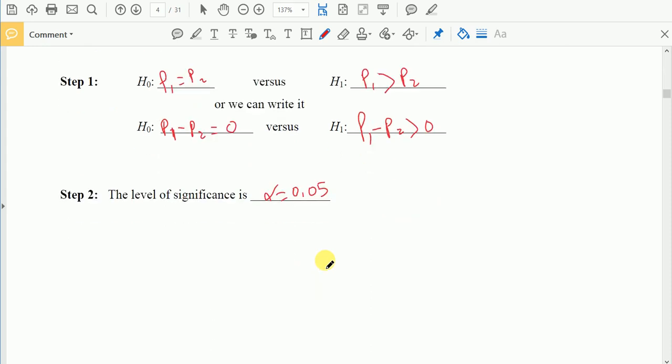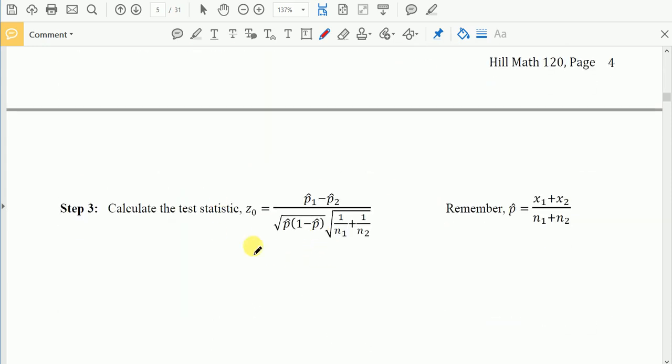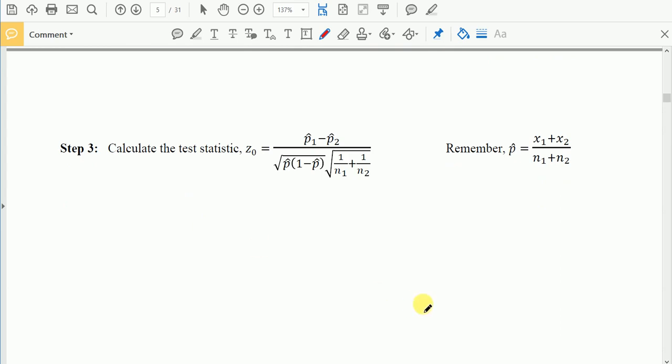So now let's do the test statistic. So we know how to calculate P1, P2, right? P1 hat is just x1 over N1, and x1 is 338 over 800.